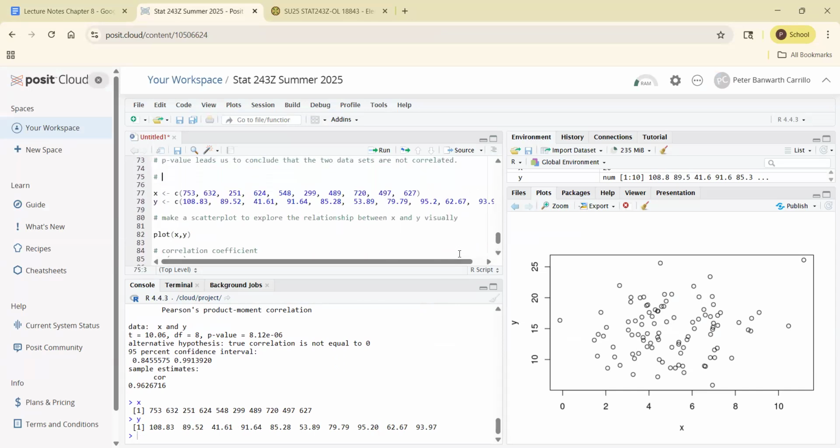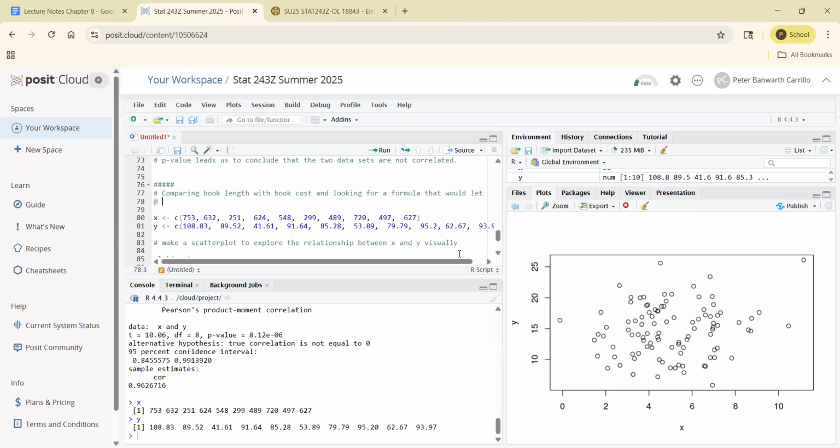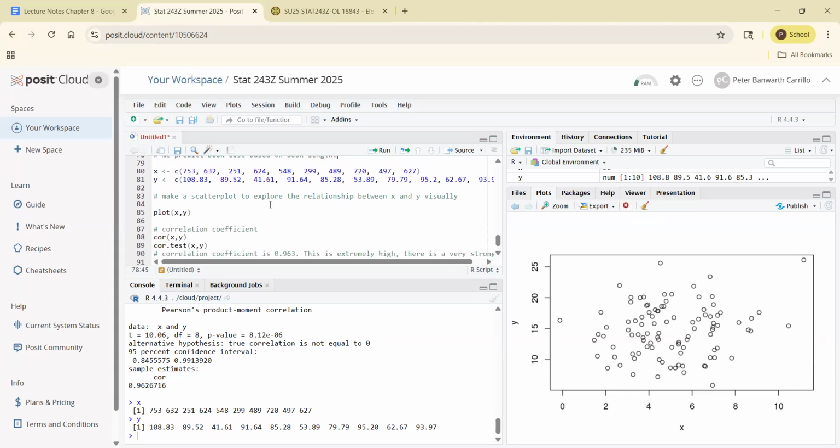Okay. Comparing book length with book cost and looking for a formula that would let me predict book cost based on book length. So there's our data.